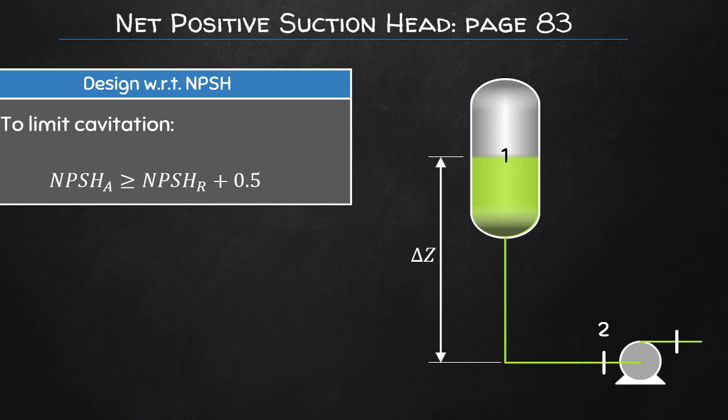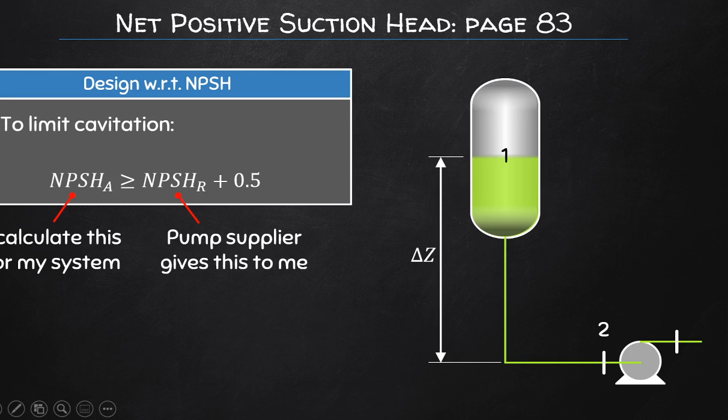So firstly, in general, we design the net positive suction head available to be greater than or equal to the required net positive suction head plus half a meter. And remember, available is what we calculate, and required is what the supplier of the pump will specify to us.